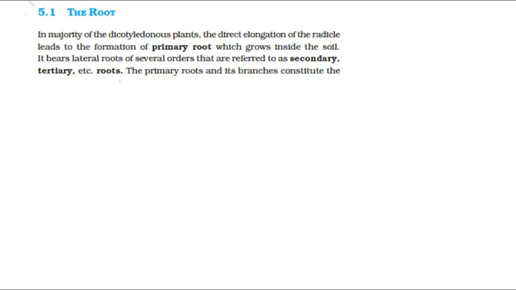All right. Now coming to root. In majority of dicotyledonous plants, means the seed that has two embryos, the direct elongation of the radical leads to the formation of primary root, which grows inside the soil. So this is a dicot plant.